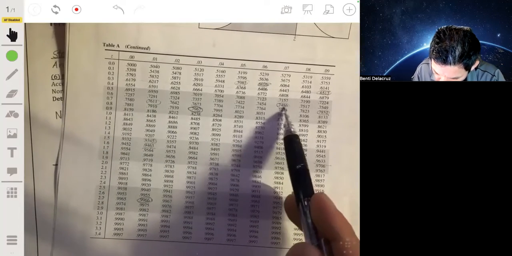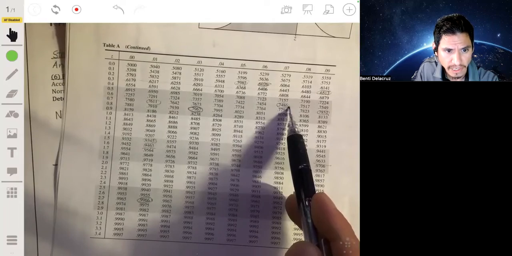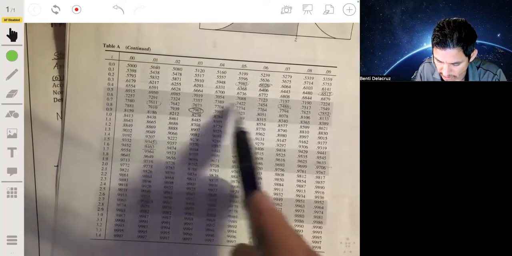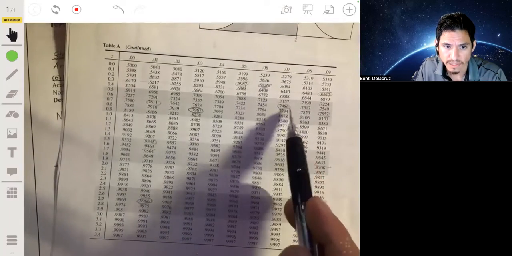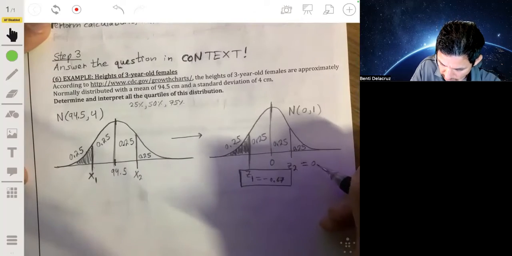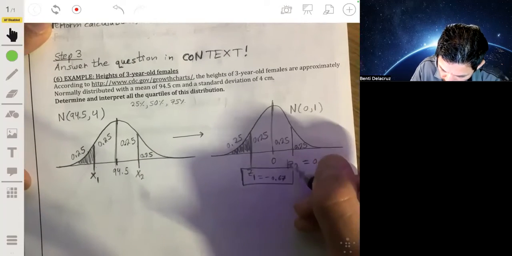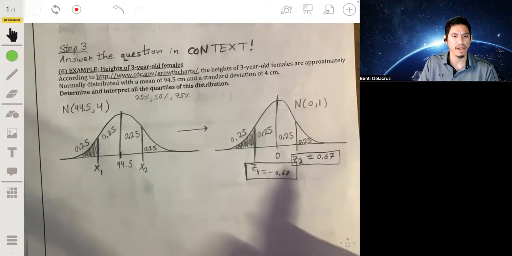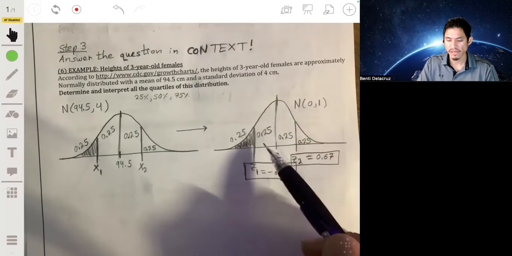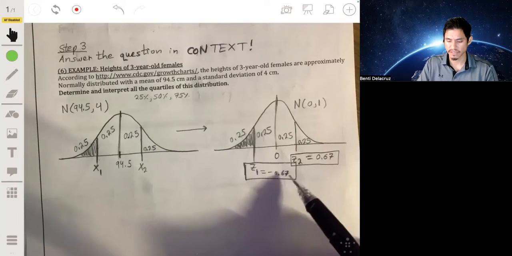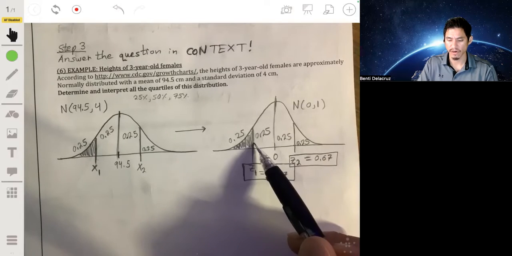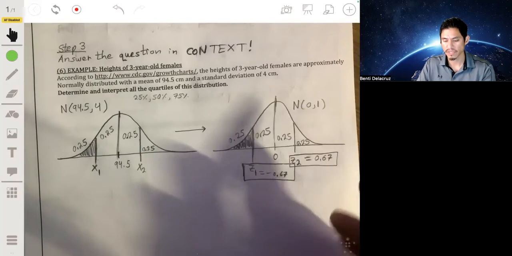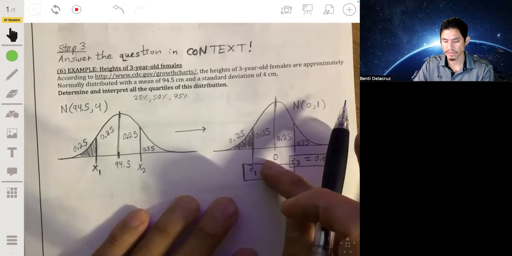That would be right here, 0.7486, and it corresponds with 0.67 as our Z-score. And again, if you're picking up on this concept quickly, you probably already figured out right away that these are just going to be opposite values because they are symmetrical about the center, 0.